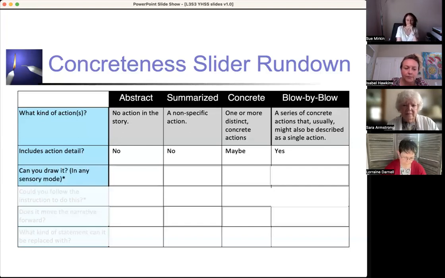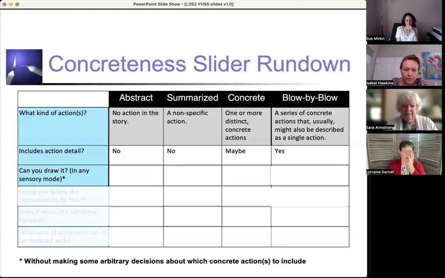Next level: can you draw it in any sensory mode? So drawing is visual, but we mean, can you represent it as a sound or as something else? And so abstract, can you draw it in any sensory mode without making some arbitrary decisions about which concrete actions to include? In other words, do you have to make it more concrete to be able to do that, or can you actually draw it as it is?